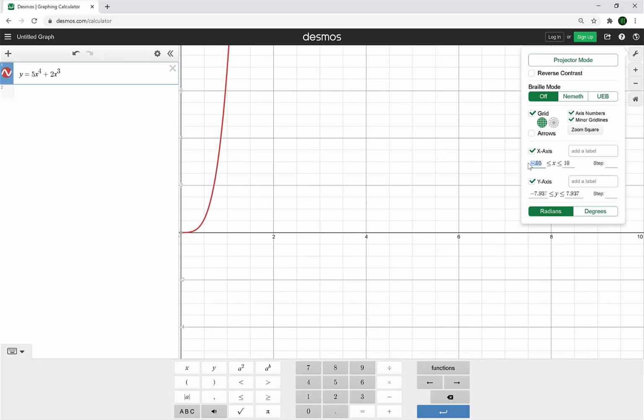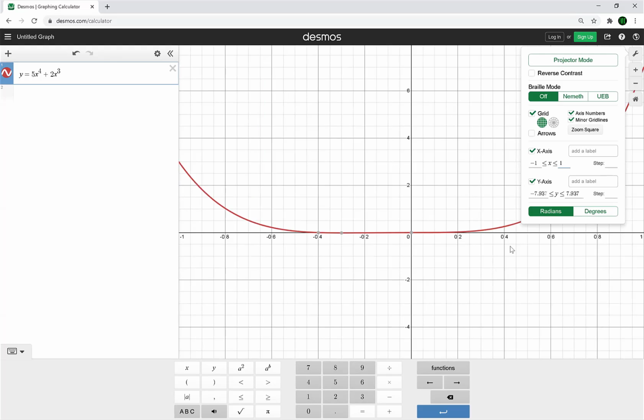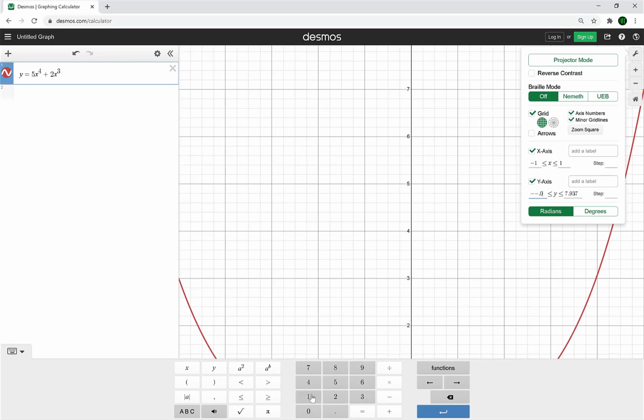Oh, actually, that's the x value. That doesn't matter. Negative 1 and 1 is fine. And the y value has to be really close, negative 0.01.